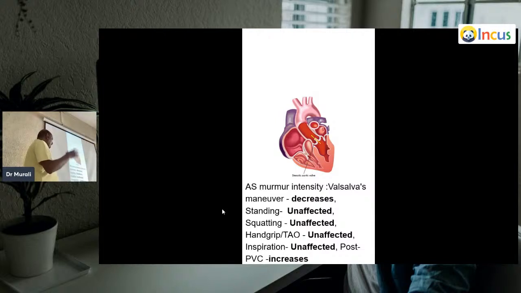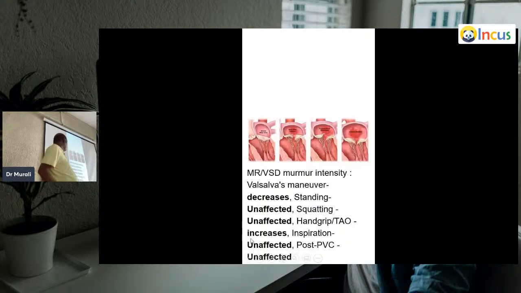Hand grip exercise, inspiration, they also do not have much. But post PVC, when the inotropic state of the heart increases, post PVC also has an effect of increasing afterload. And any increased afterload also will worsen the aortic stenosis murmur.